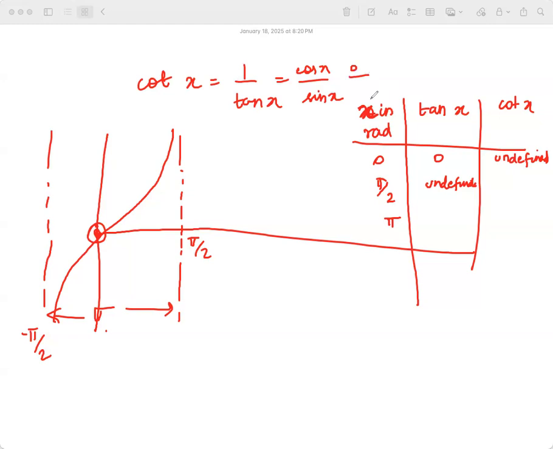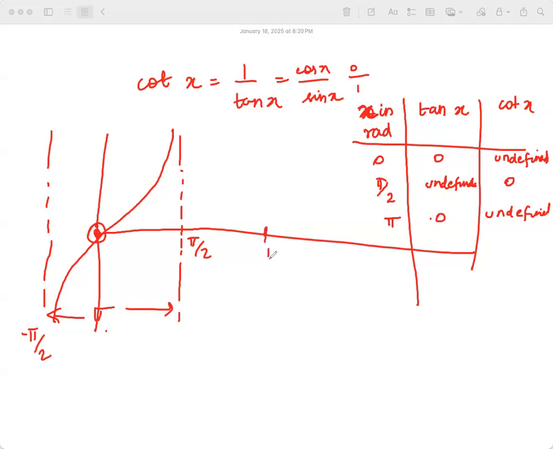Sin pi by 2 is a 1, right? So what happens at pi by 2? It becomes a 0. 0 by 1 is a 0. Now, come to tan pi. Tan pi was 0. So this goes to undefined.